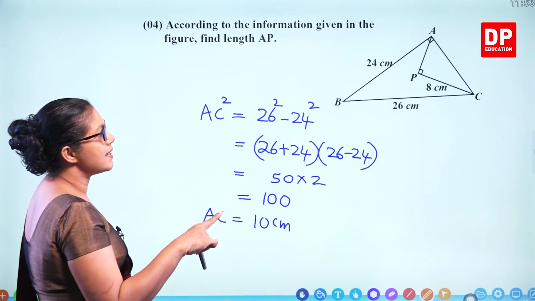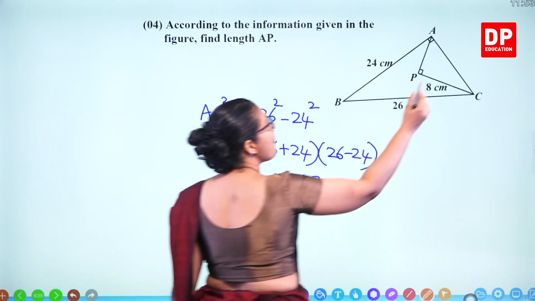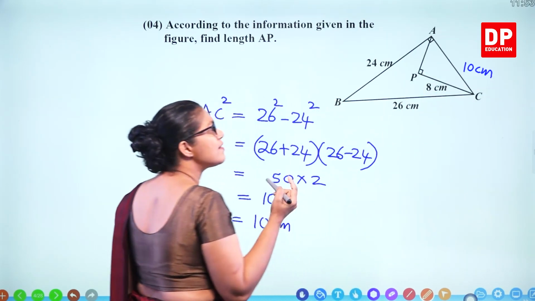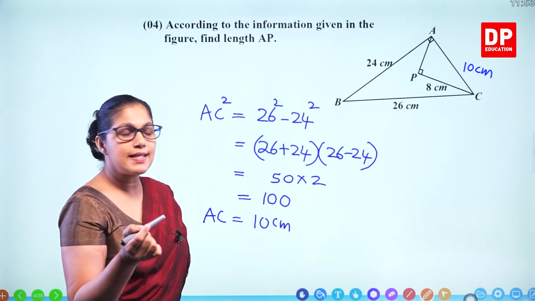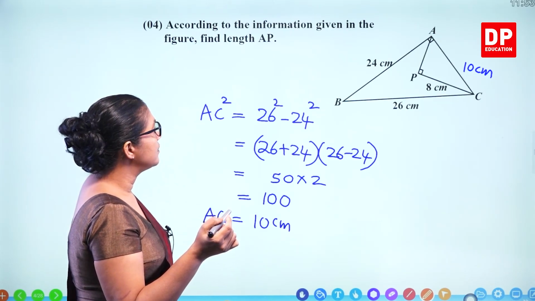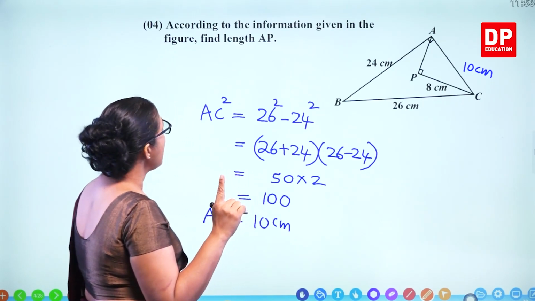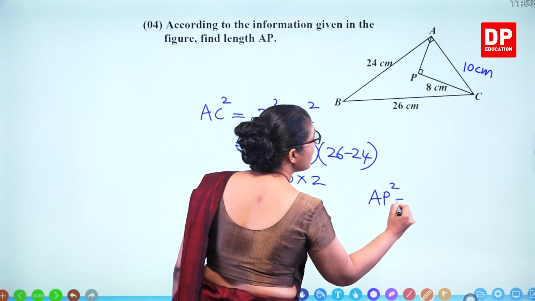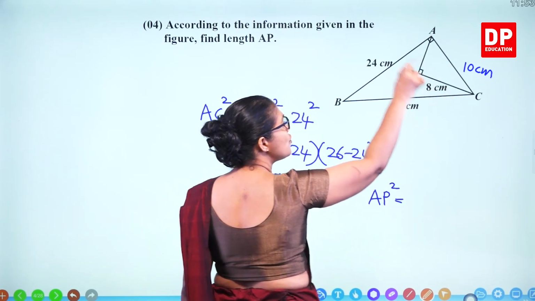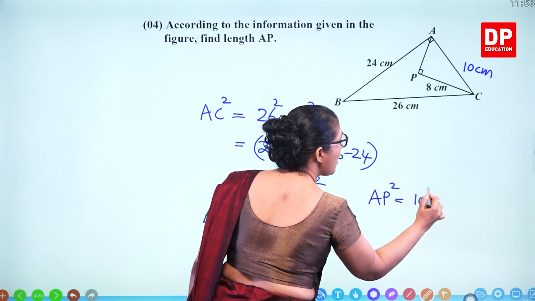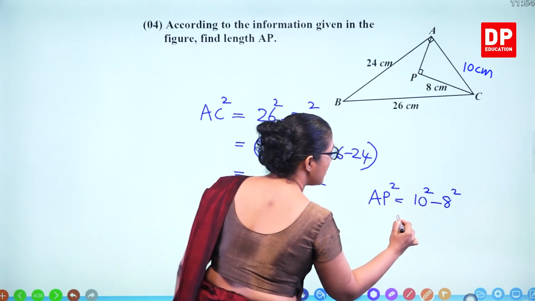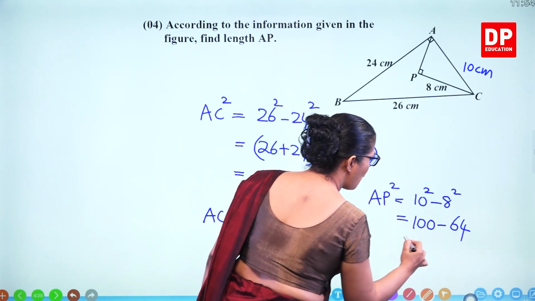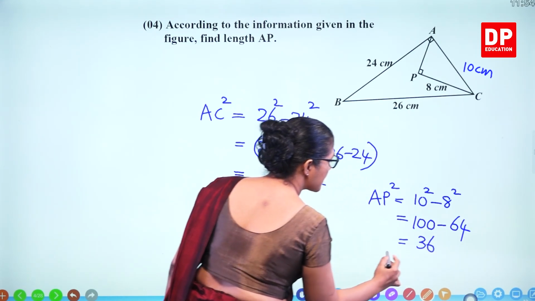Now we found AC. Again, we can use Pythagoras theorem because the angle at P is also 90, so APC is a right angle triangle. We need AP. AP squared is, hypotenuse is now 10, 10 squared minus 8 squared. 10 squared is 100, 8 squared is 64, so you get 36.